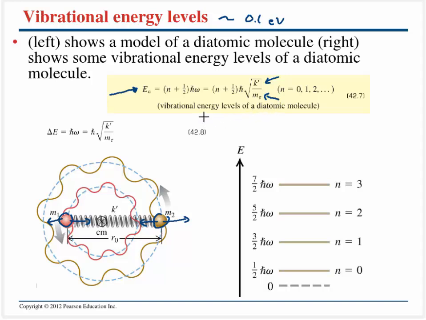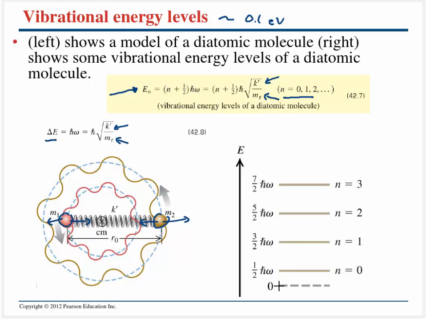What we can also do is tie this to the quantum number n, and so n is going to be equal to 0, 1, 2, and essentially it's like having some normal modes set up. One thing to keep in mind is that the difference between the energy levels is just going to be related to that effective spring constant K, as well as that reduced mass.